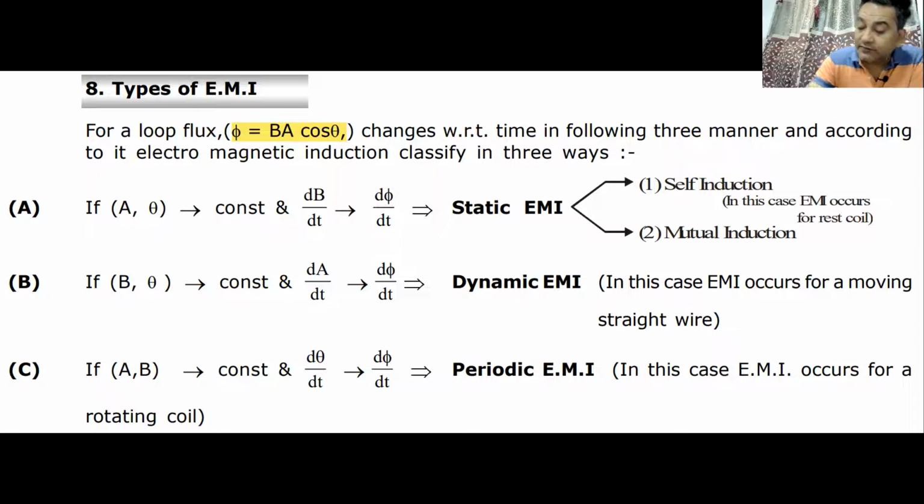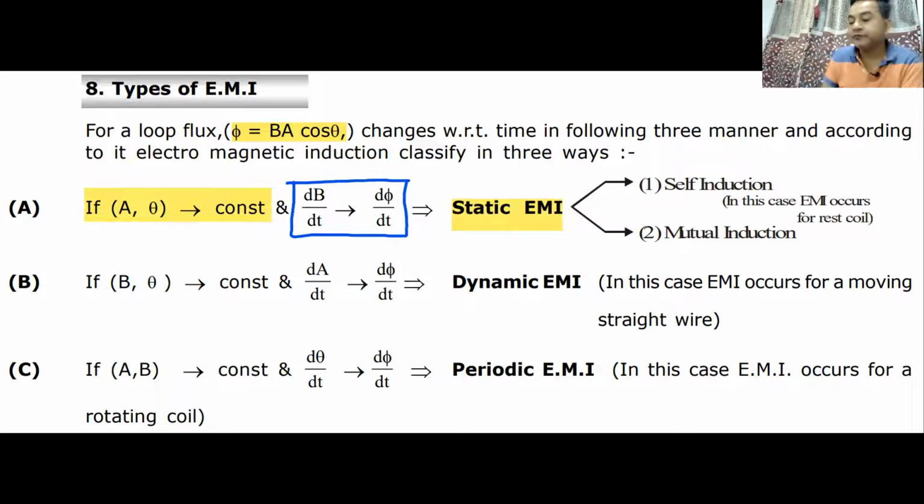So in case number one, which you may call static EMI, nothing moves. Area and angle theta remain constant. Only magnetic field changes, and the rate of change of magnetic field is dB by dt.